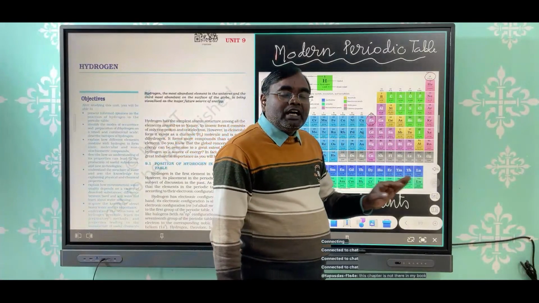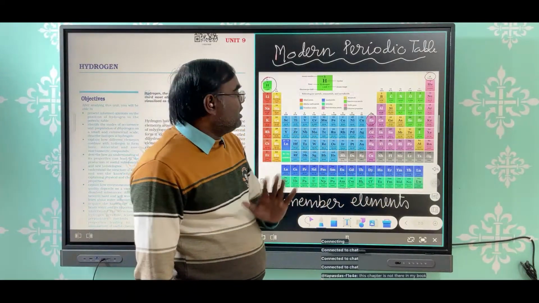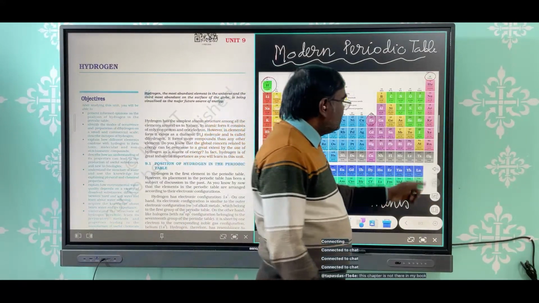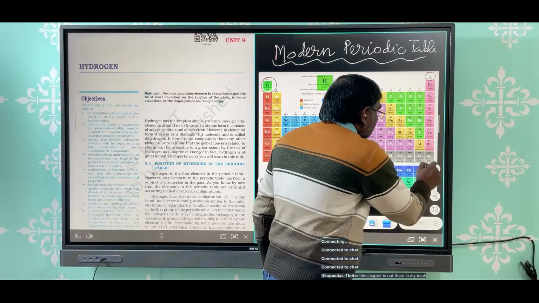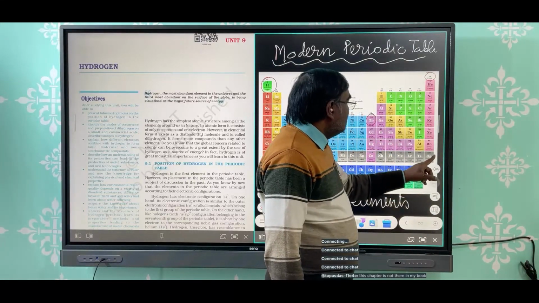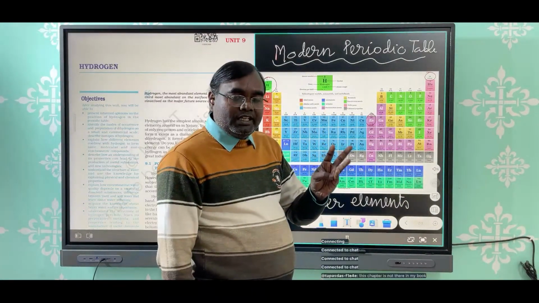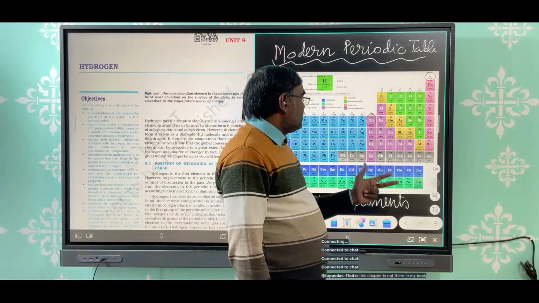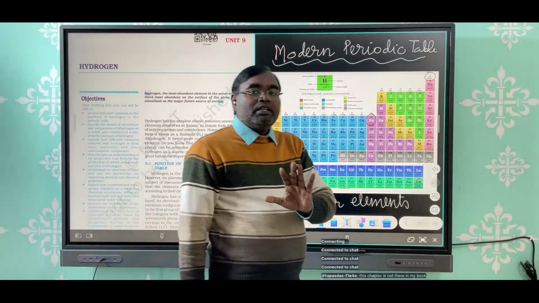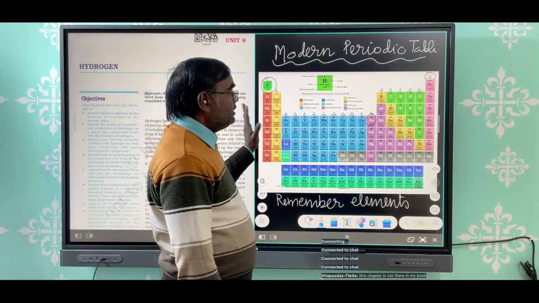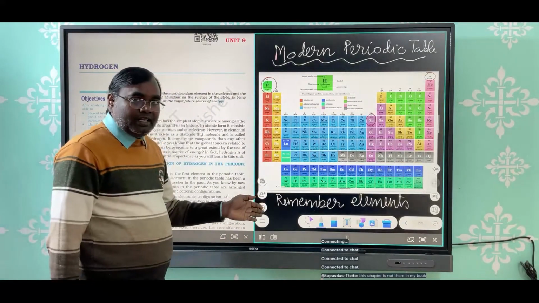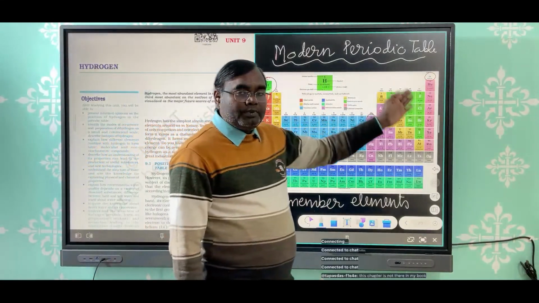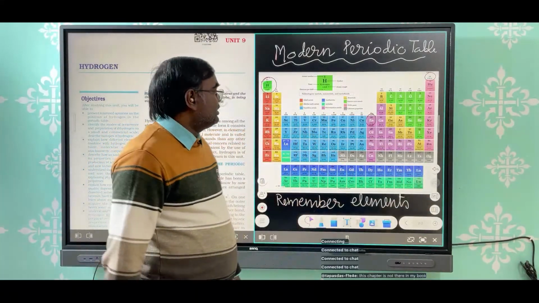Helium, neon, argon, krypton, xenon, radon, and oganesson, Og, a new element added with mass 294. So these are the noble elements. This way you can remember group first A, second A, and the last group 8A. These are very important elements.